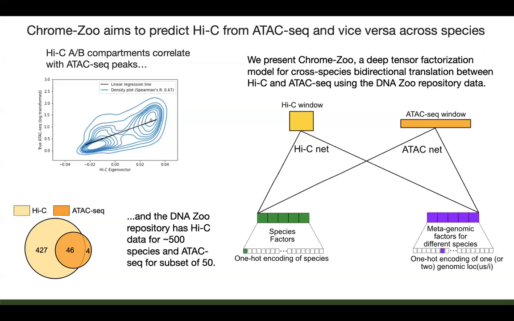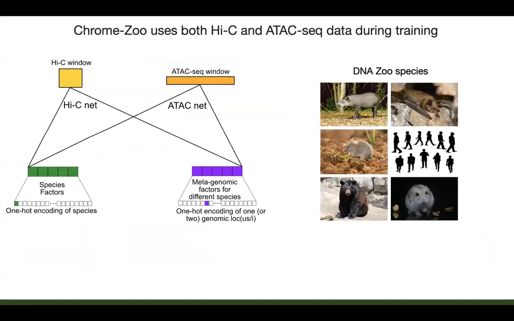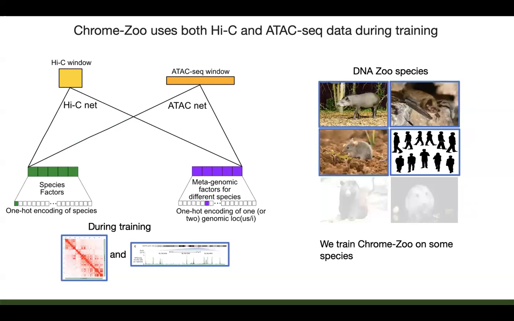Both these factors or embeddings are shared between two networks, Hi-C-net that learns Hi-C contacts and ATAC-net that learns ATAC-seq reads. And we train chromzoo across species using both Hi-C and ATAC-seq data from all of the training species and allow all embeddings as well as neural network weights to be updated during training.